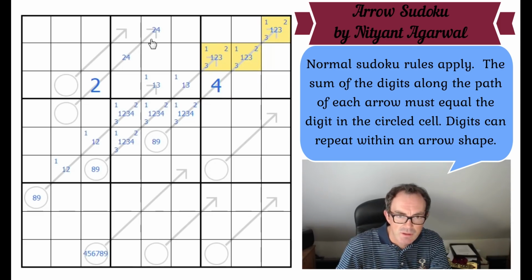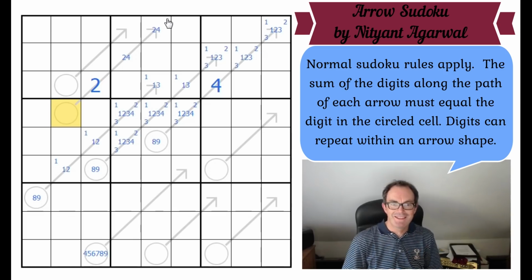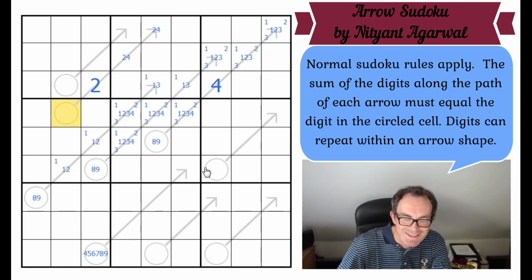And it's possible, I suppose, that this could be 2 and 5, and then that would be 9. No, it's not possible. This is a brilliant puzzle.